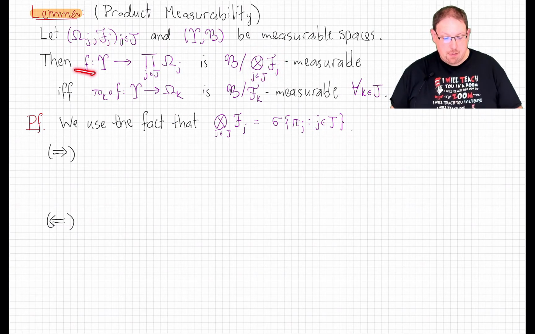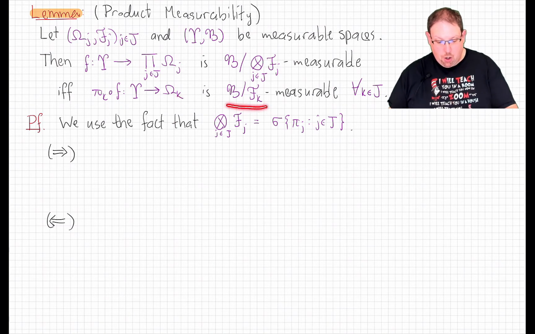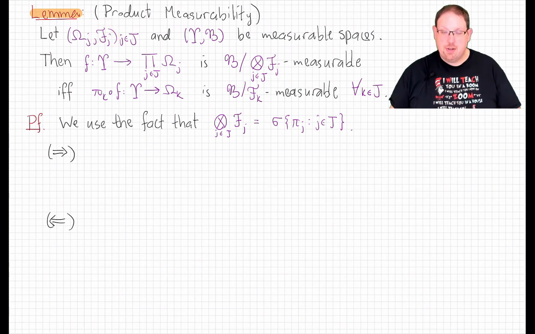That map is measurable if and only if the projections of that map into the individual spaces are all individually measurable with respect to these sigma fields.